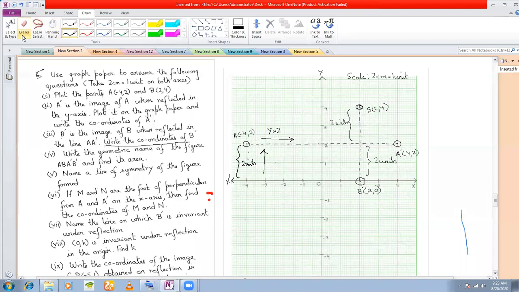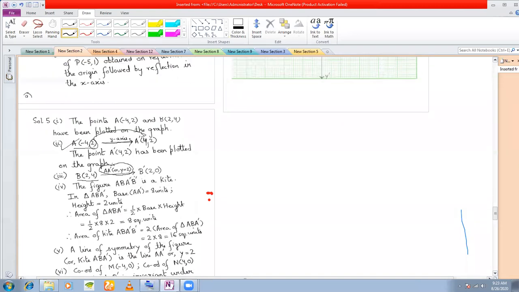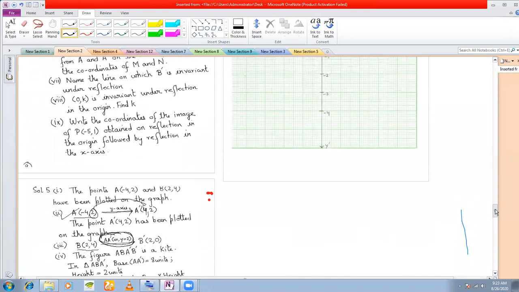Remember this. When we'll be discussing straight line, I'll be coming back to this. So that is why I have written either the line AA dashed here, or you can write y is equal to 2.